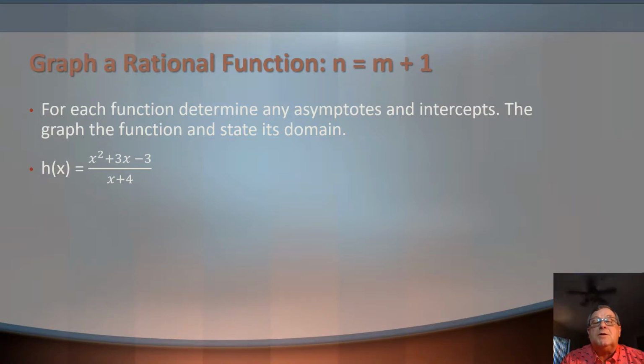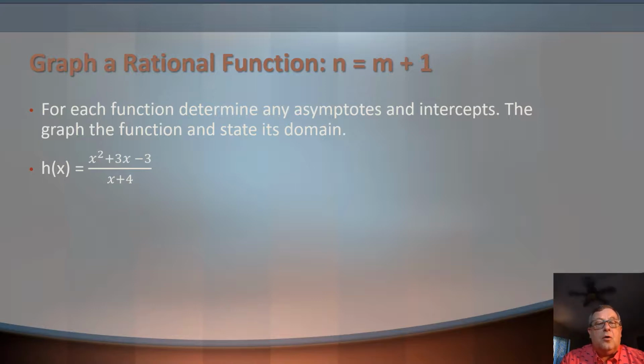Graphing rational functions. This time we're going to graph a couple of rational functions. It has a unique situation where you see up there at the top it says n equals m plus 1. What that means is that the degree of the leading term of the numerator exceeds the degree of the leading term of the denominator by 1.